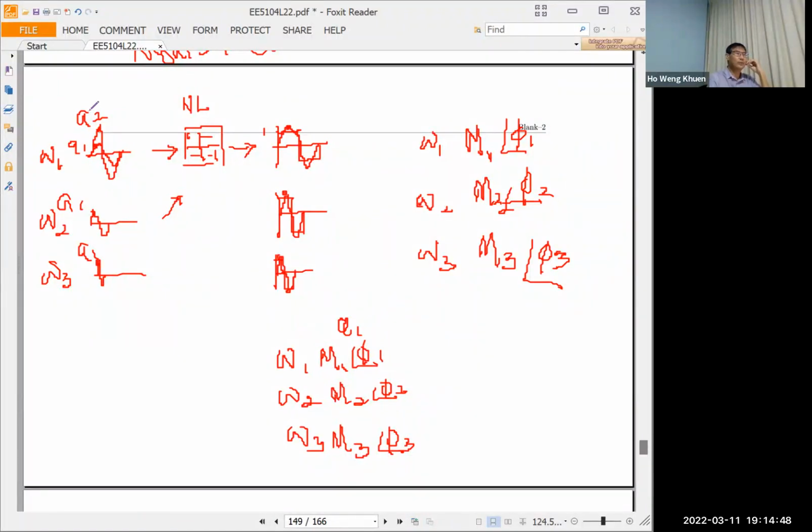Then I do omega for A2. So I have to do A2. Then you got M4 phi 4. In general, they'll be different for omega 1. Then M5 phi 5. Then M6.